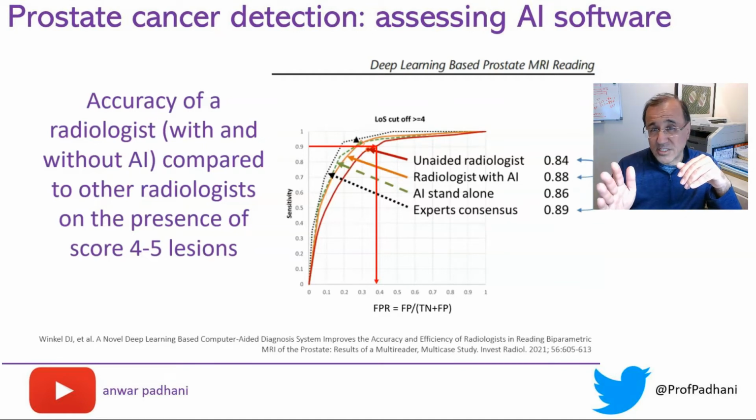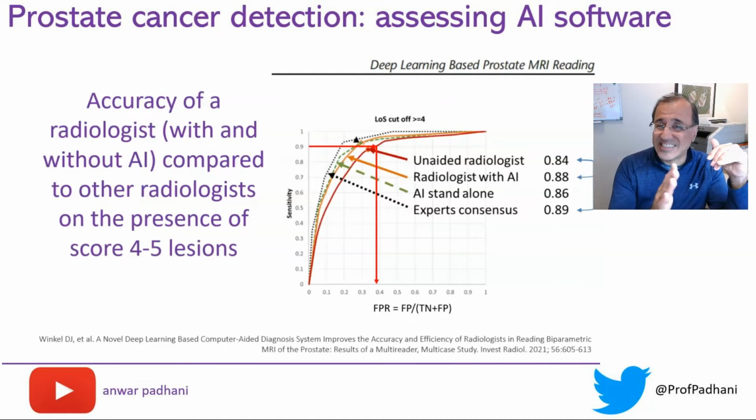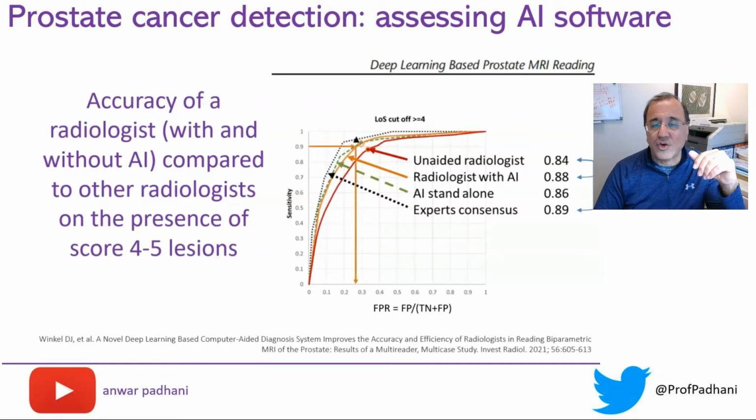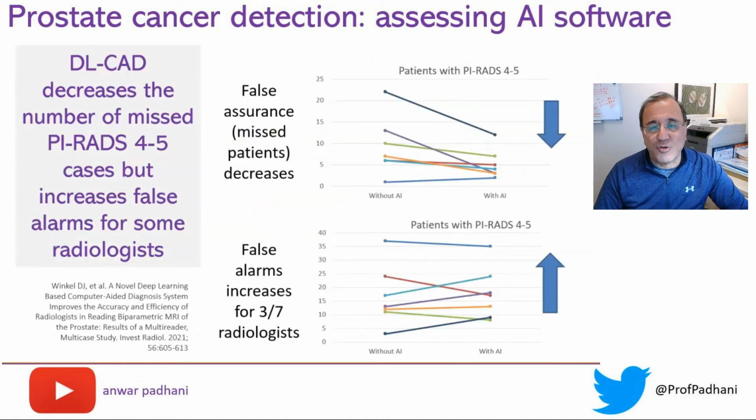We said that the false positive rate for a radiologist should be less than 50%, and in this particular instance, it's 38%. Notice what happens when you use the AI. There's an improvement in the false positive rate. So the number of false positives actually reduces to 28%. So it's about a 10% improvement in the false positive rate with the use of the AI.